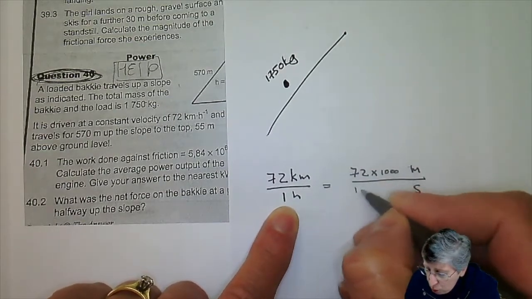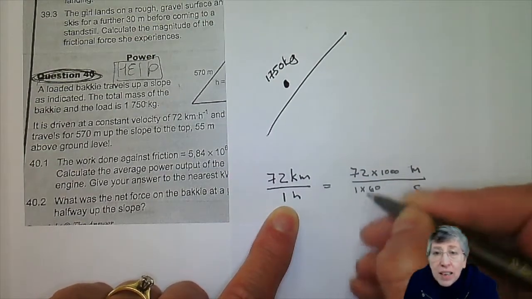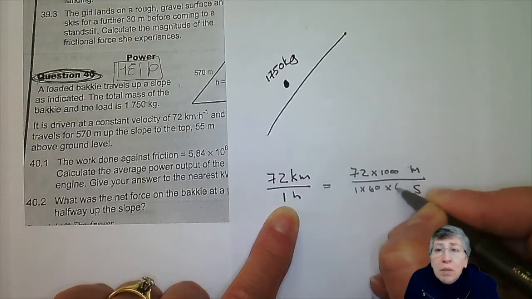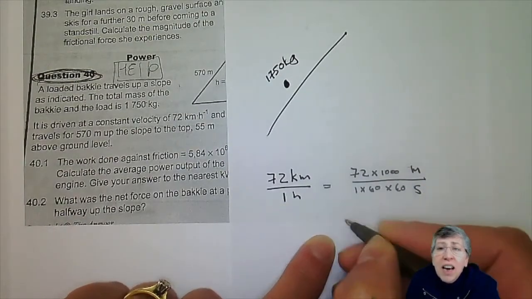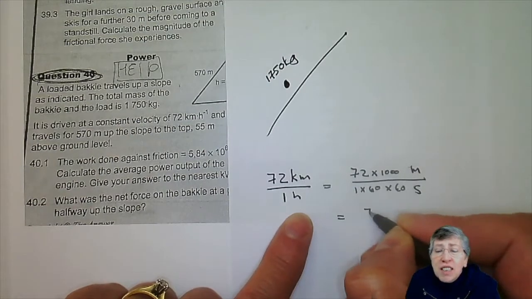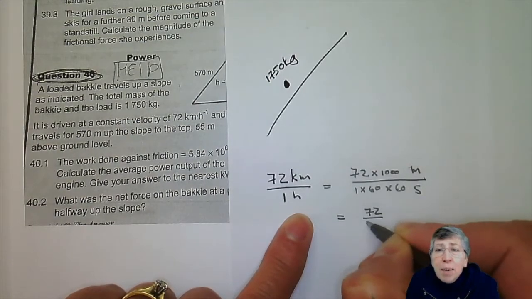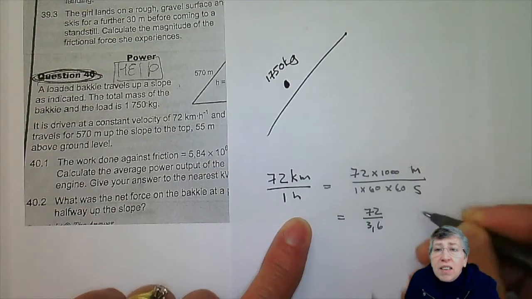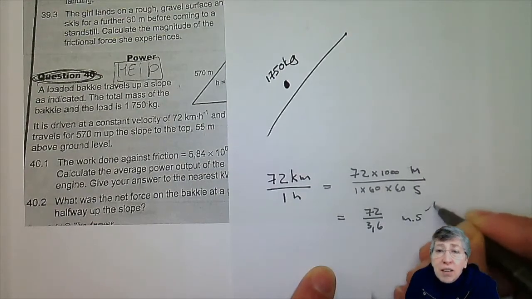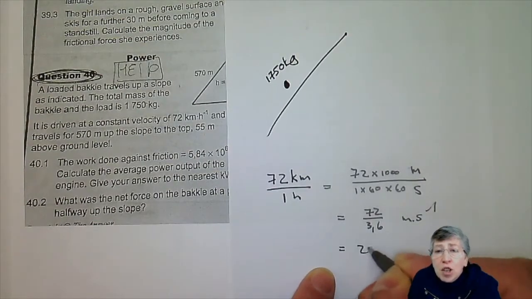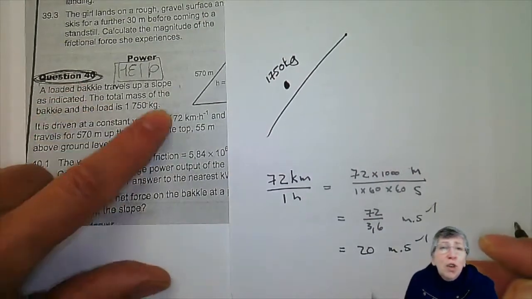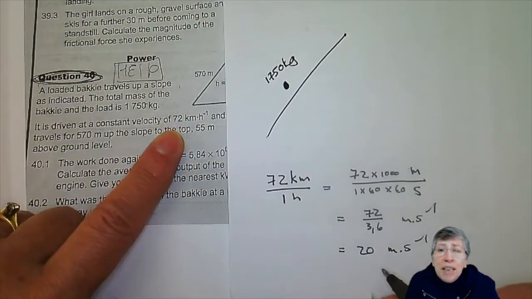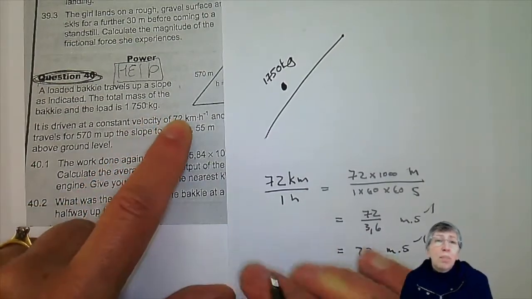First, I will multiply by 60. That will take me to minutes. And then once again with 60 to get to seconds, right? And all of that is just the same as dividing by 3,6 to get the meters per second, right? And that ends up being 20 meters per second. So that is the very first thing to do. Convert to meters per second because we can't use the kilometers per hour.